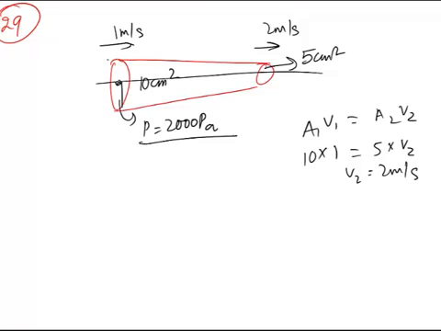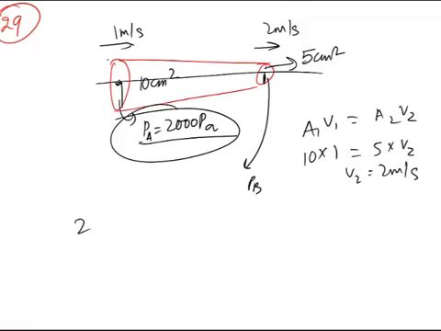If at this point the pressure is 2000 Pascal, you have to find what's the pressure here. So let's say this is PA. Now let's apply Bernoulli's theorem that says PA plus half rho VA square plus rho G HA equals PB plus half rho VB square plus rho G HB. Again they are at same height, so rho G HA, rho G HB gets cancelled.